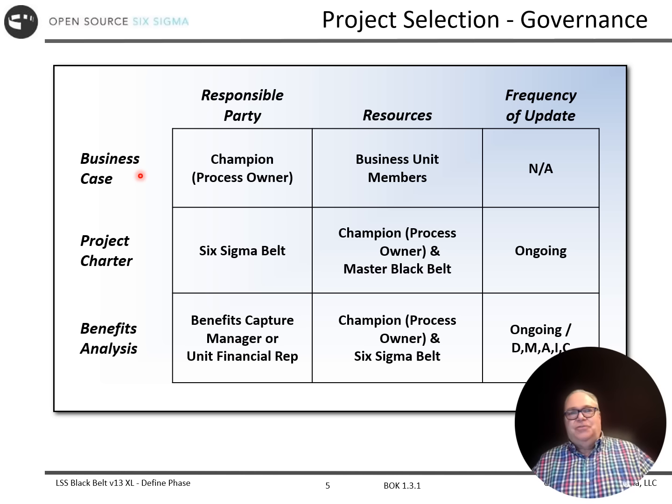My financials or my yields aren't what they should be. Maybe we did an employee survey and we want to get employee engagement up. So typically the business case originates somewhere in the management structure. That doesn't mean that they don't come down and pull in masters and belts to help form them, but really sponsorship should come from the business level.